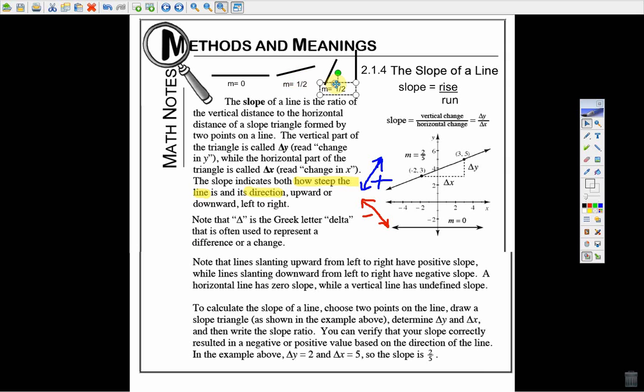This might have an m equals 3 over 1, so up 3 over 1. And this last one, this one is undefined. Just squeezing all this in here to the sheet. You should draw this a little more neatly on your paper somewhere.